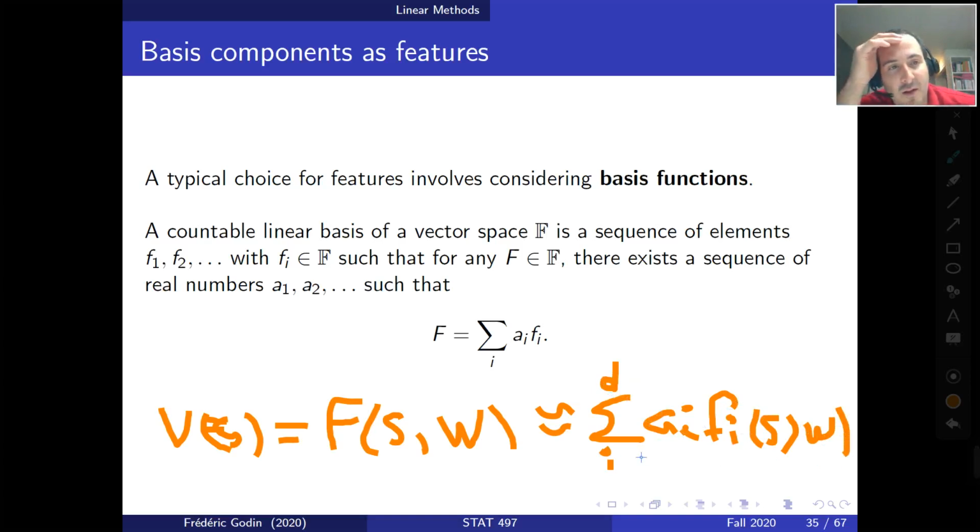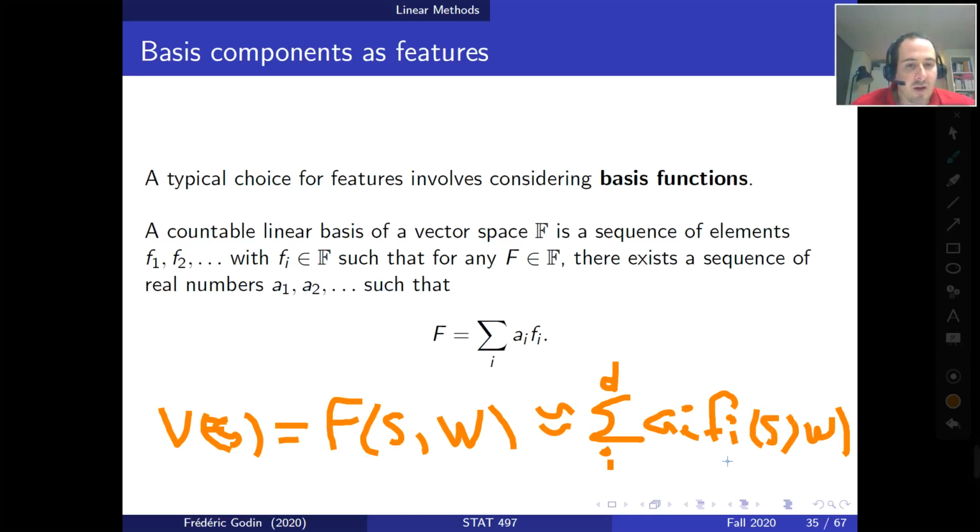So we can often approximate, in that case, the value function itself by a finite linear combination of more simple functions. This basis, we're going to discuss in the subsequent video. We're not going to cover that fully here, but we could consider, for example, polynomials of the state if we want Taylor expansions, or Fourier expansions of the value function.